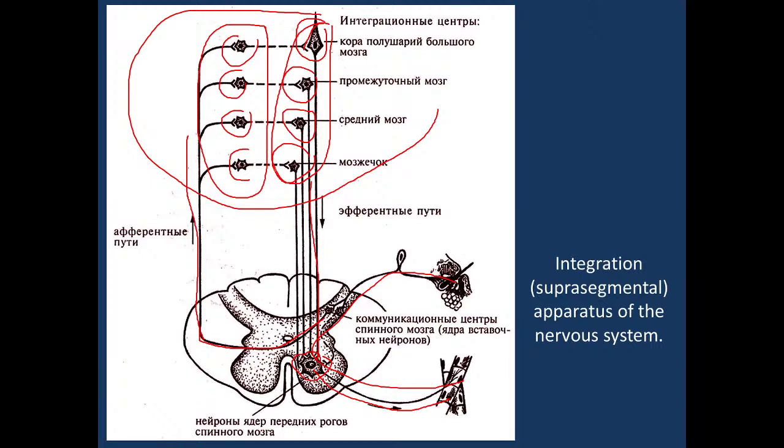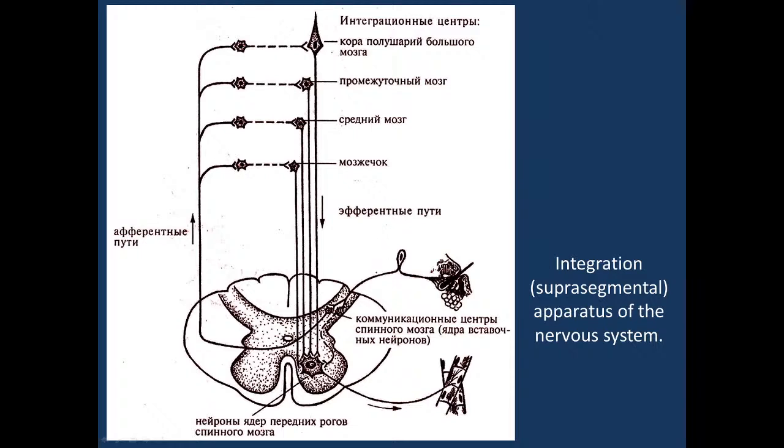So I'd like to show you this picture to explain that inside the spinal cord we have some pathways. They go up and down between the spinal cord and brain.